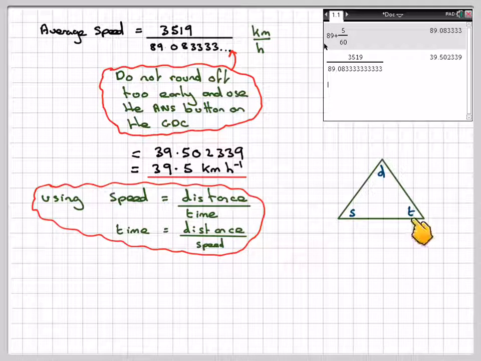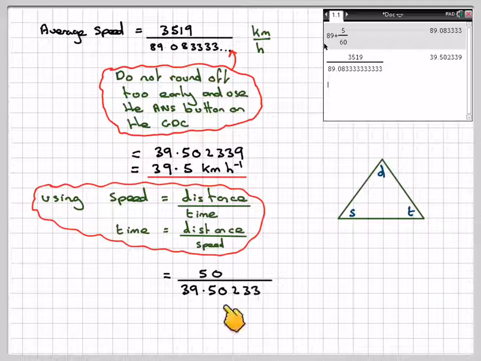So if you want to find time, it's distance divided by speed. If you want to find distance, it's speed times time. That's one way some people like to remember it. So speed is distance divided by time. That's what you need to remember. And therefore time will be distance divided by speed, which is what I wrote over here.